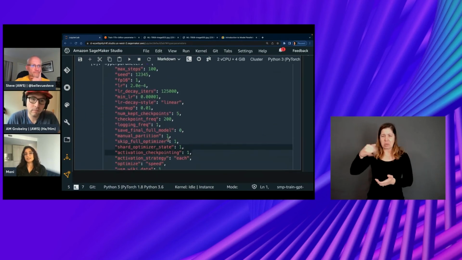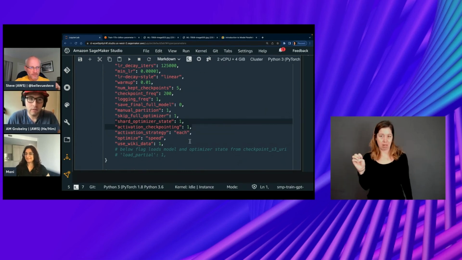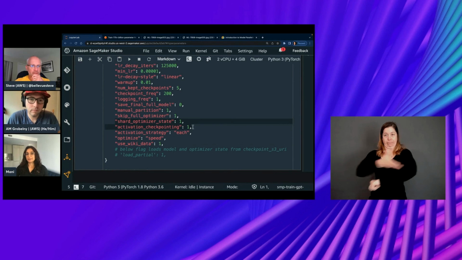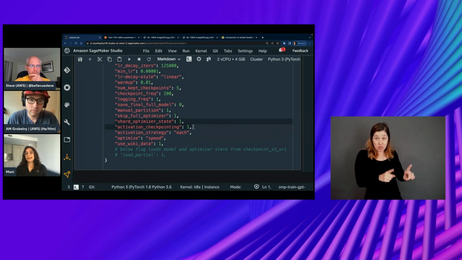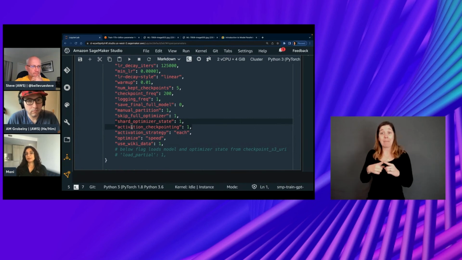These activation checkpoints and everything that I've explained, you actually have to enable. So these are the parameters for the memory optimization. Like shard optimizer state, you can set to true. Activation checkpointing set to true. And activation offloading, which I talked about, can only be enabled if activation checkpointing is set to true.